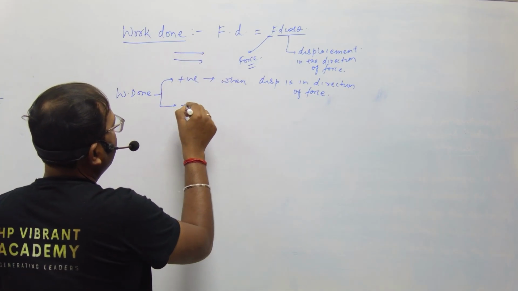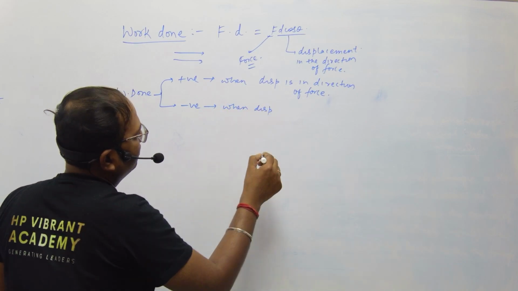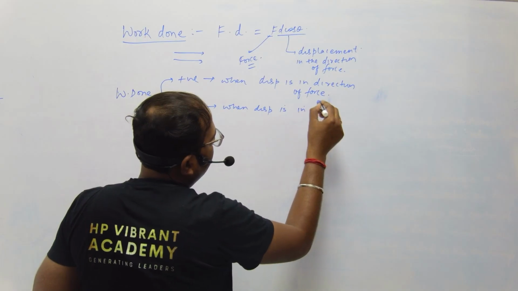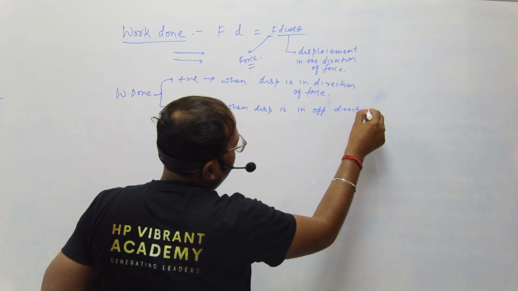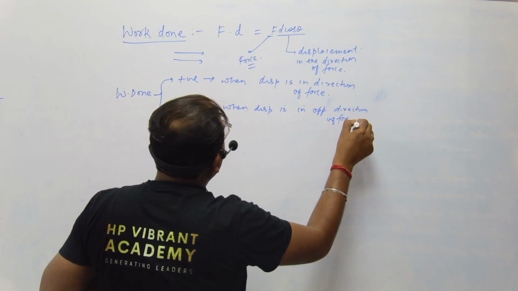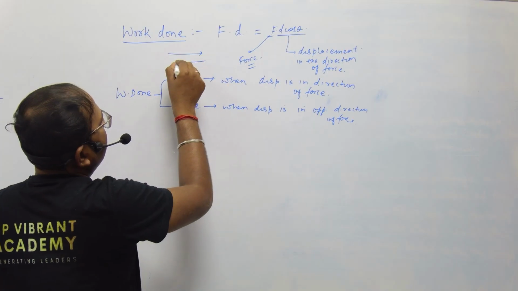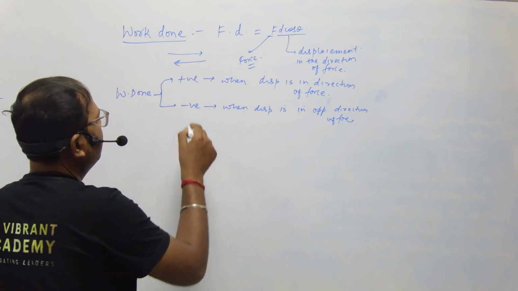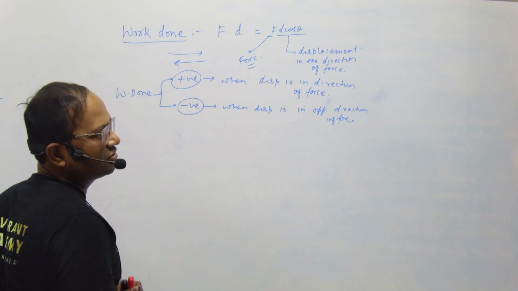Work done is negative when displacement is in the opposite direction of force. Suppose force is acting in this direction and displacement is in this direction, then the work done will be negative, and it is positive when the displacement is in the direction of force.